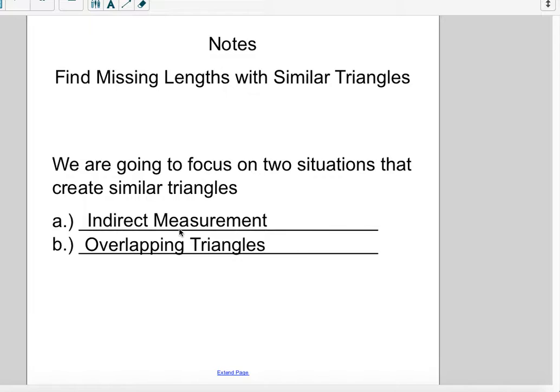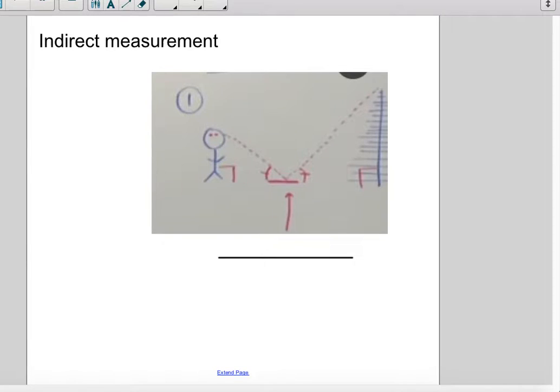Indirect measurement will happen in two different situations, and we will focus on those first. The first opportunity for indirect measurement is with the use of mirrors, or a mirror.